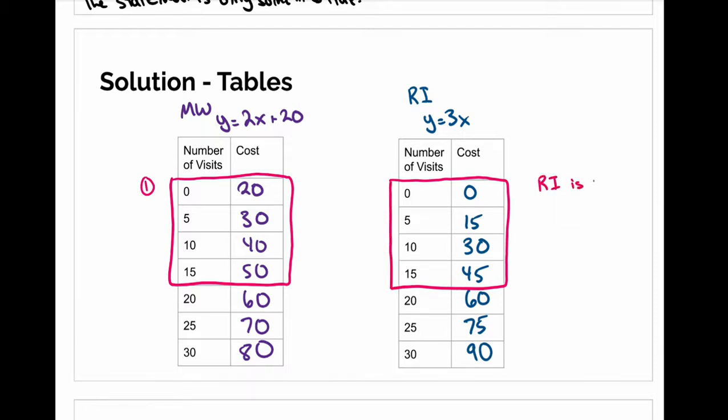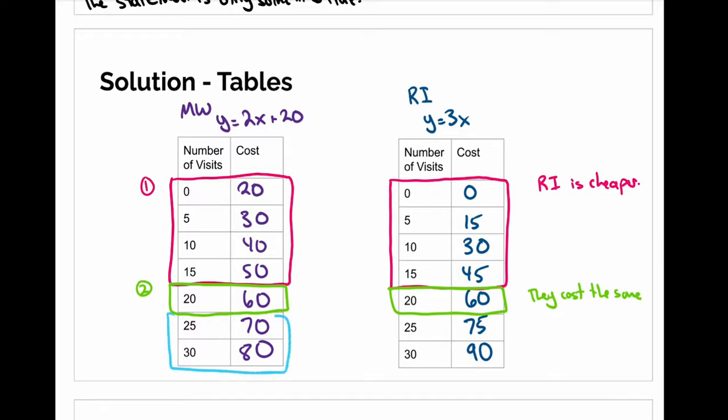Radical Island is cheaper. We see that there is that one scenario where they are the same. So the second scenario, or possibility, they cost the same. And that third option, or possibility, we can see that Radical Island is more expensive.